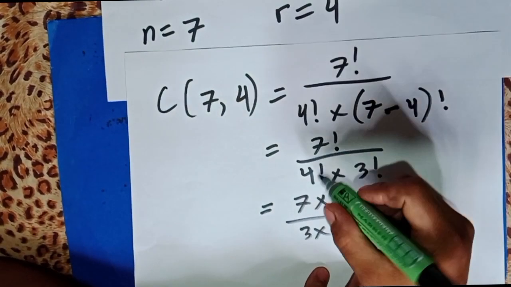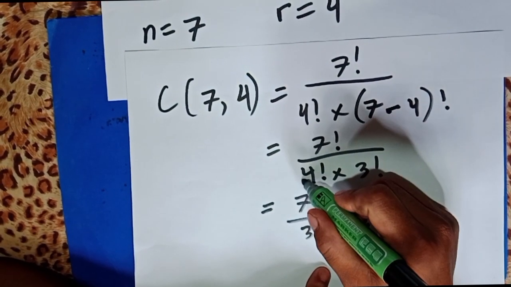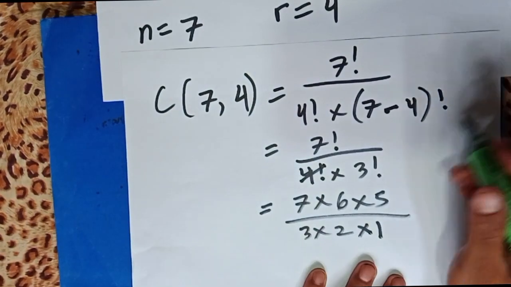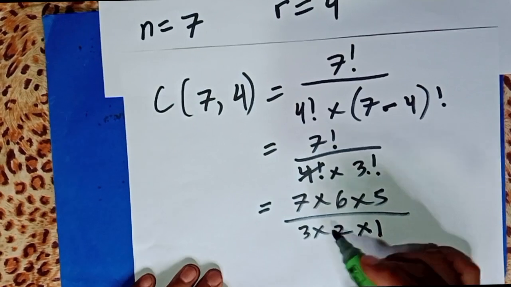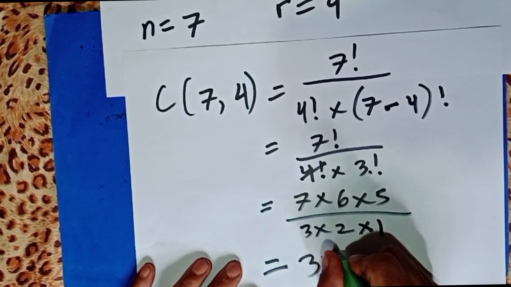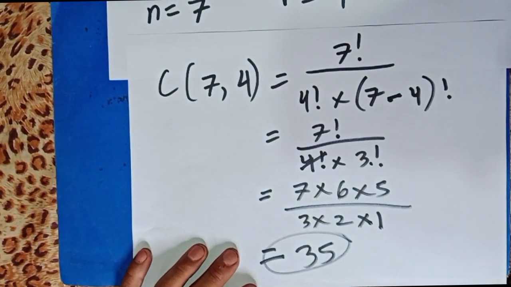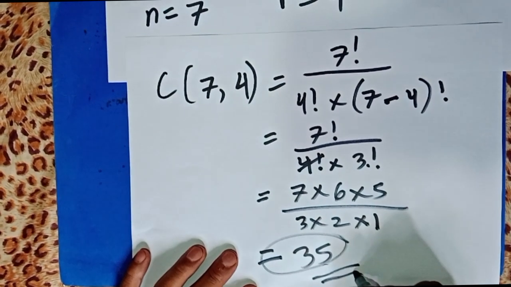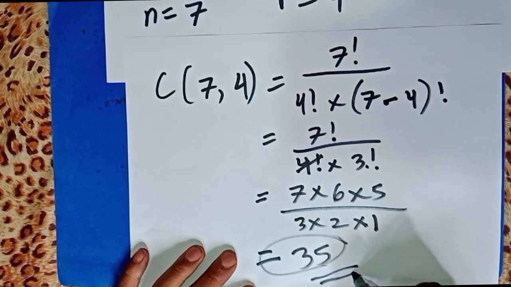Because 4 factorial cancels with the 4 factorial in the denominator, so what remains is 3 factorial. The total is 35. Therefore, there are 35 different combinations of 4 colors out of 7.